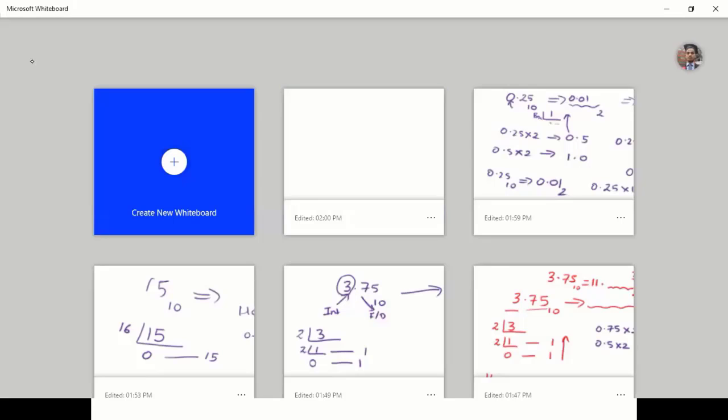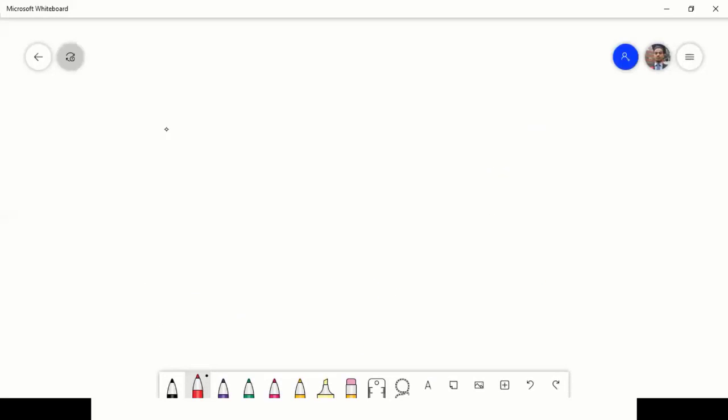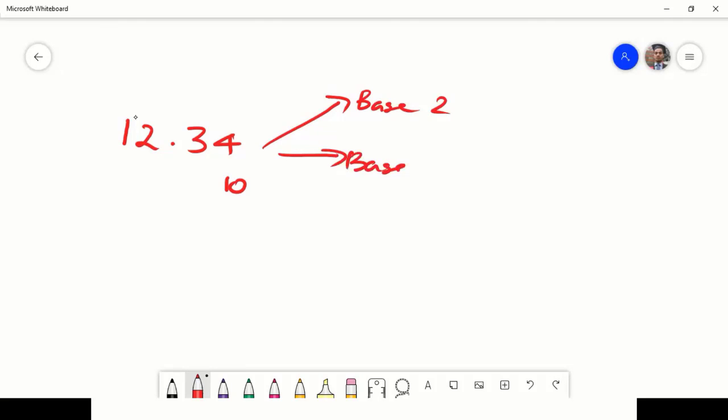So for example, if I type 1234 base 10, you should be able to convert to base 2, base 8 and also base 16. How do we do that?